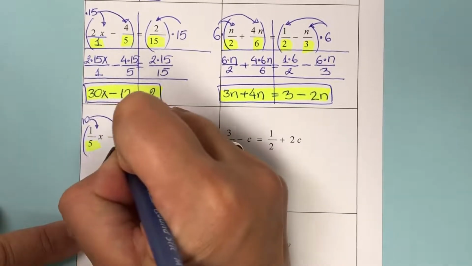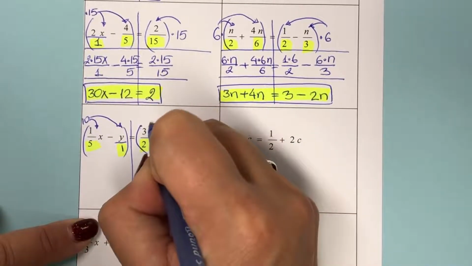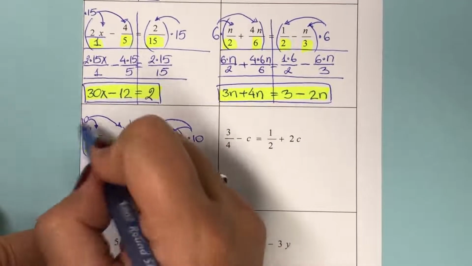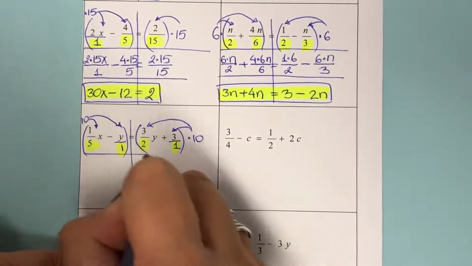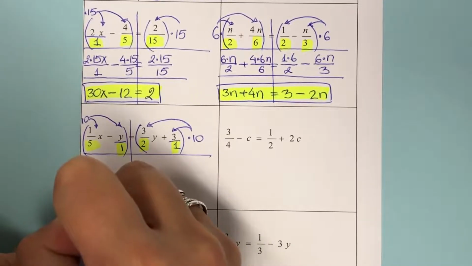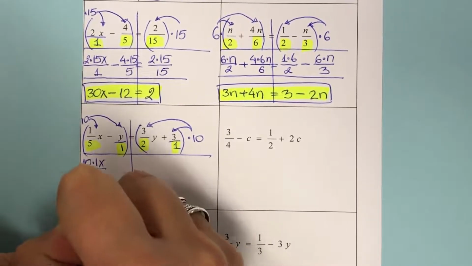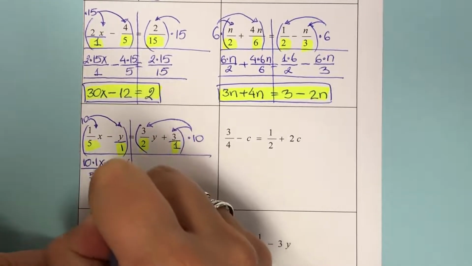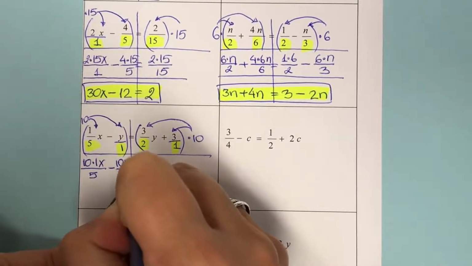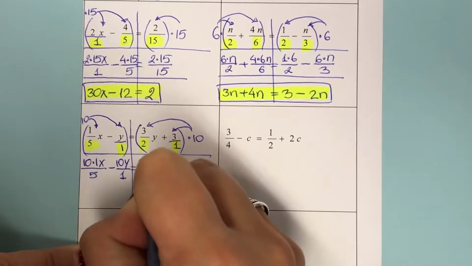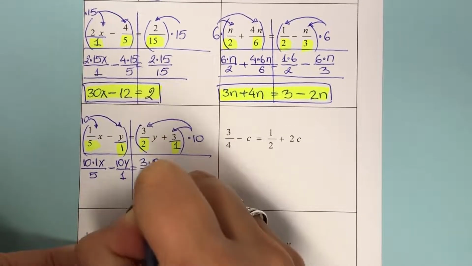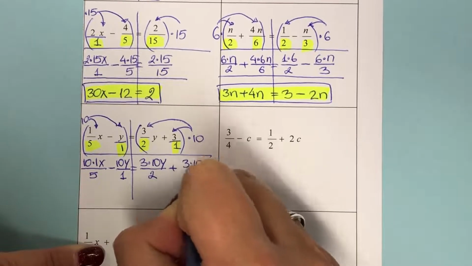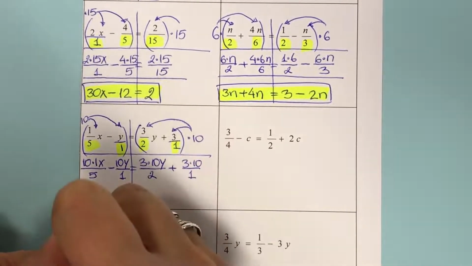So multiplying all the terms by 10 will clear our fractions. 10 times x over 5, minus 10 times y over 1, 3 times 10y over 2, and 3 times 10 over 1.